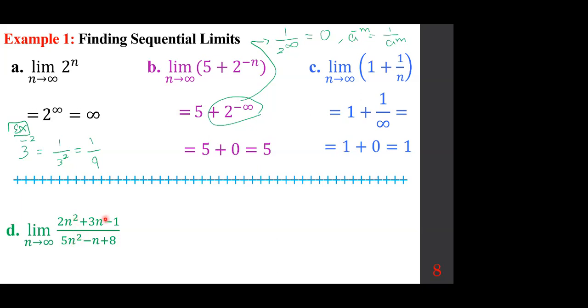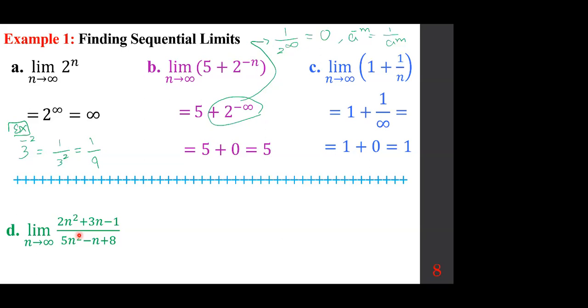So we are going to divide by n squared, everybody. Everything gets divided by n squared. Why is that? Because if you plug in, you get infinity over infinity. So for a rational expression, when n is approaching infinity or negative infinity, the technique is to divide by the highest degree term in the denominator, namely n squared.